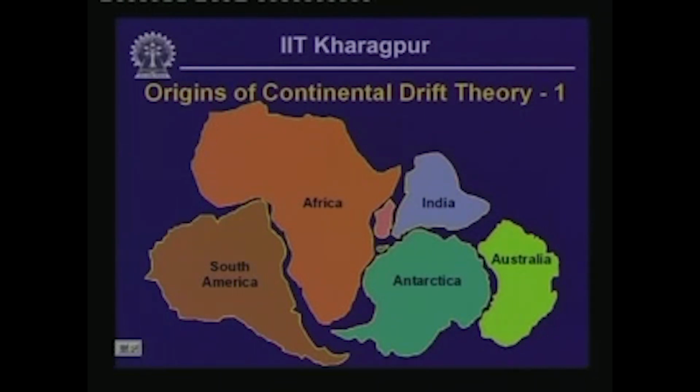Also, the southeastern coast of India could fit with the coastal boundaries of Antarctica quite well. Similarly, the eastern part of Antarctica could fit with the southern portion of the present landmass of Australia.